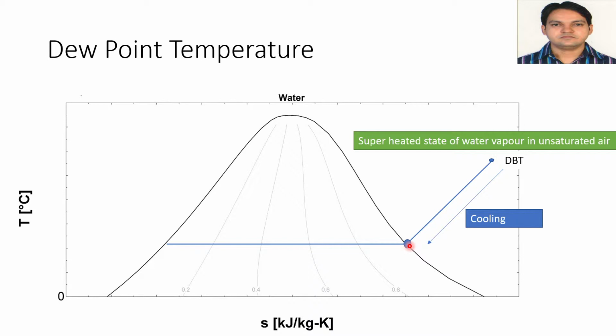So in short, dew point temperature is the temperature at which the first dew of water vapor will be formed when cooling it while keeping the partial pressure of water vapor constant. So this temperature is the dry bulb temperature, and this temperature is the dew point temperature.